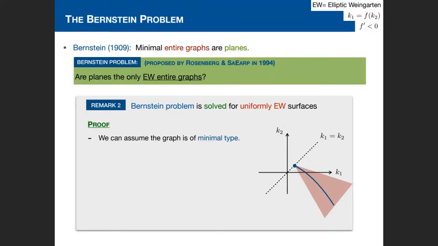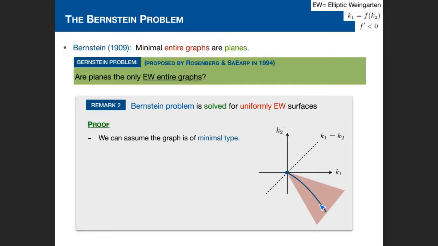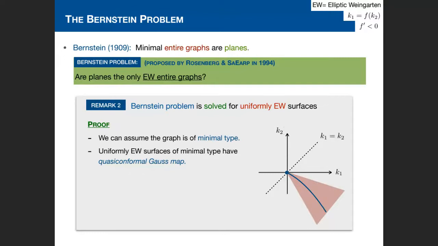First, we can assume that the surface is of minimal type because the non-minimal type is trivial. So this means that the curvature diagram actually starts here in the origin, and the surface is uniformly elliptic, so it's contained in some wedge. And under these conditions, it can be proved that such a surface must have quasi-conformal Gauss map, okay? I'm not going to enter into details about what quasi-conformal means right now, but this is something related to what happens in the case of minimal surfaces, mean curvature zero surfaces.